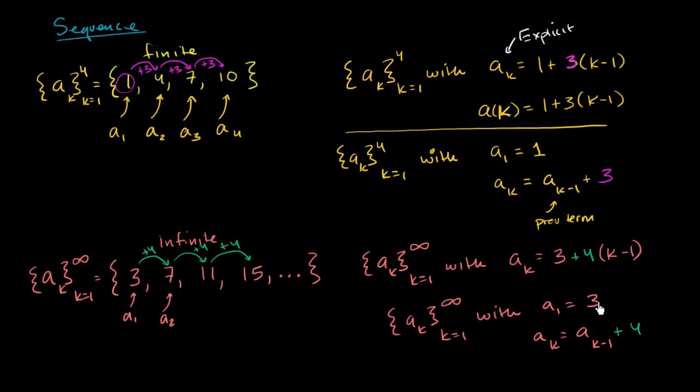And once again, you start at 3. And then if you want the second term, it's going to be the first term plus 4. It's going to be 3 plus 4. You get to 7, and you keep adding 4. So this right over here is a recursive definition. We started with kind of a base case, and then every term is defined in terms of the term before it, or in terms of the function itself, but the function for a different term.